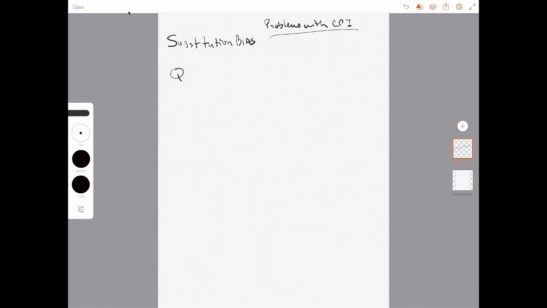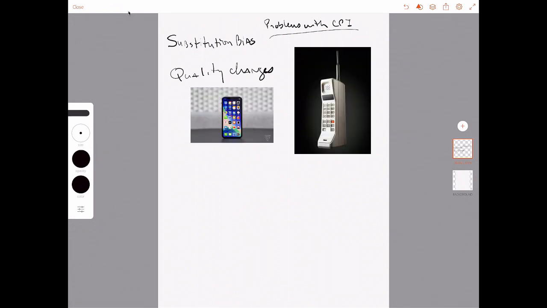Another problem with counting the CPI deals with changes in quality. Of course, over time, we see that things change. If you were to look at these two pictures of a cell phone, one from the late 1980s and one from the present day, you would look at these two things and say these are not really the same items at all, yet they count for the same in the measurement of CPI.